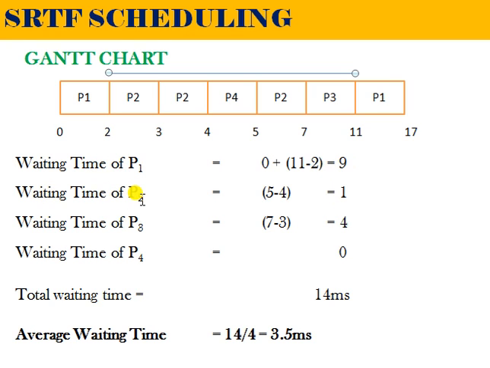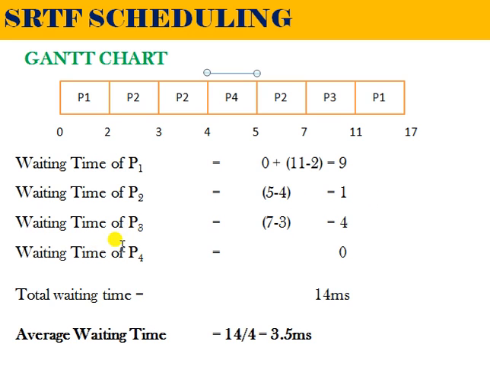Next, the waiting time of P2. It arrives at 2, continues until 4, then waits, and gets the chance at 5, so 5 minus 4, that is 1.